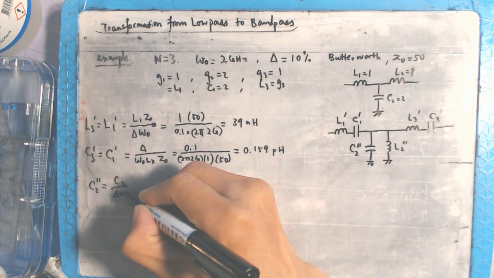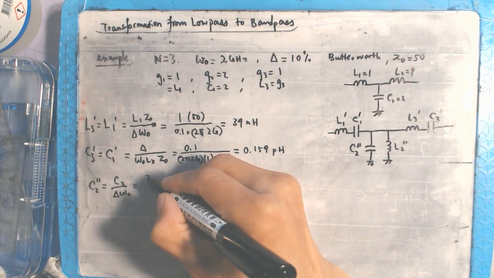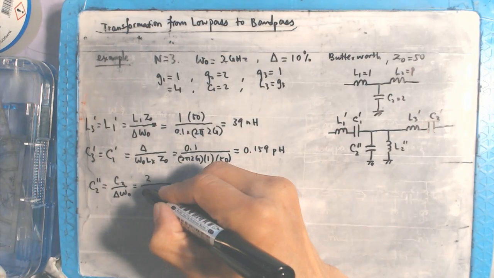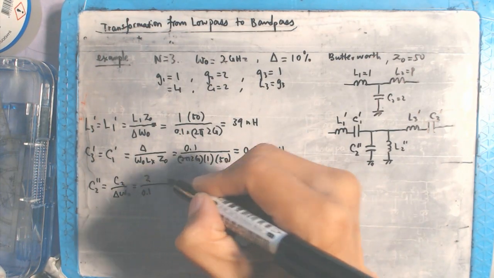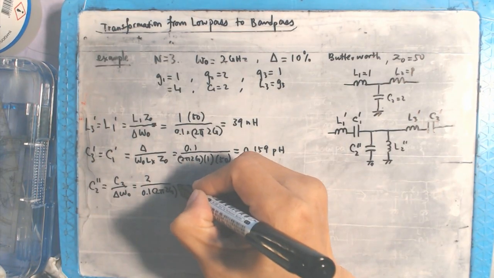So it will be equal to 2 and then 0.1 and then 2 pi 2 giga. I hope the value will make sense.